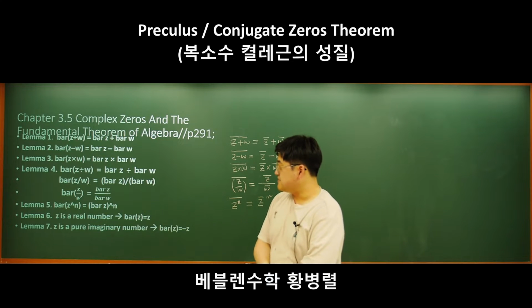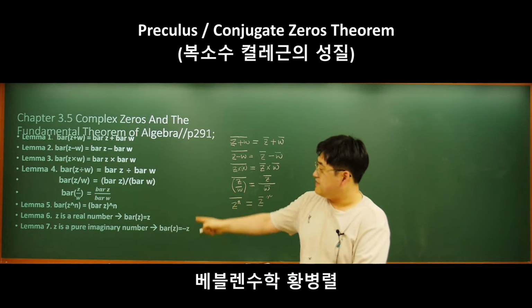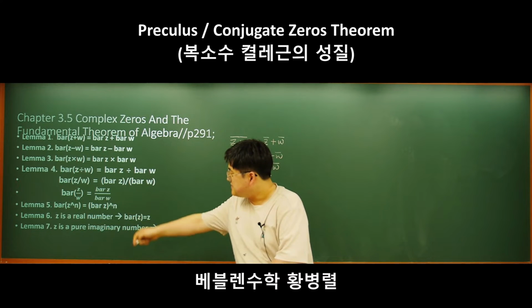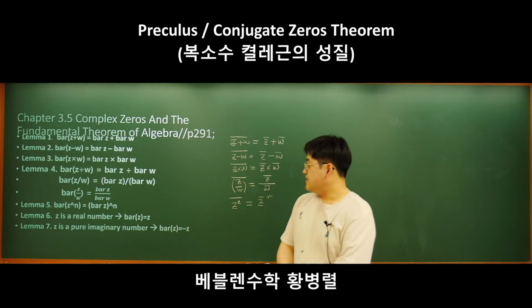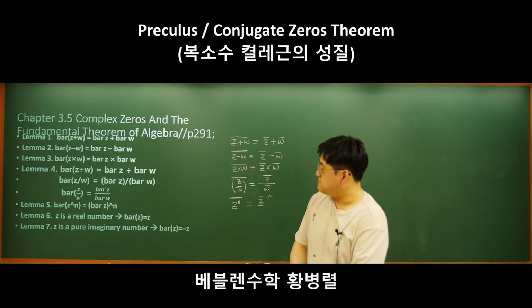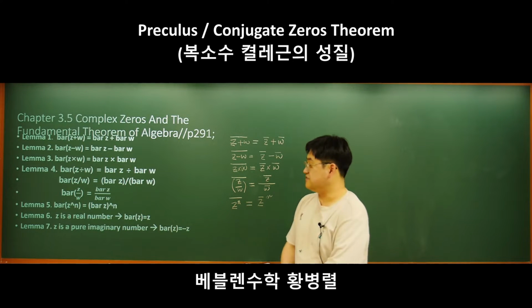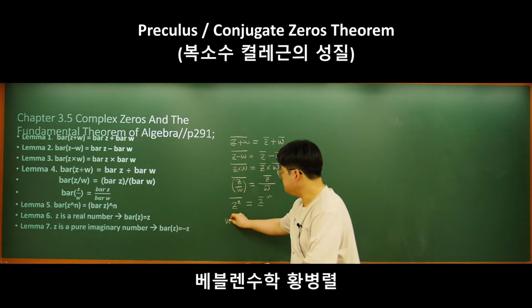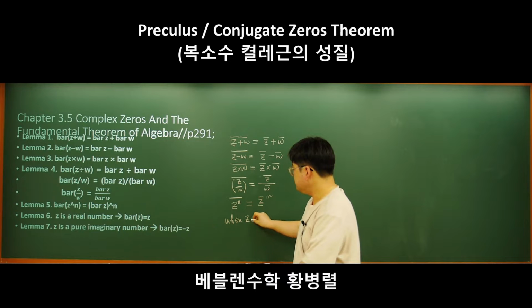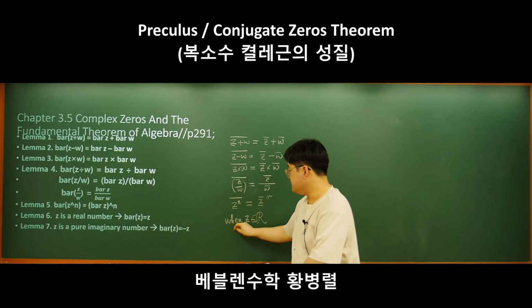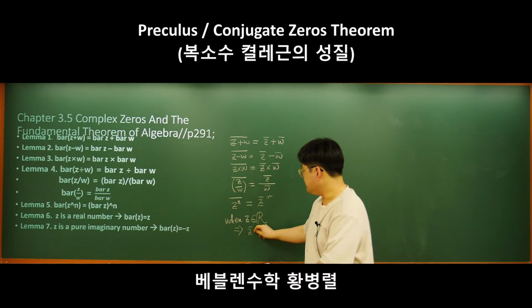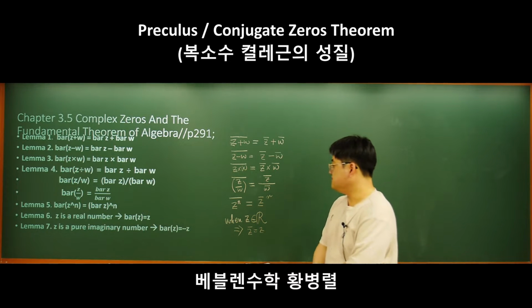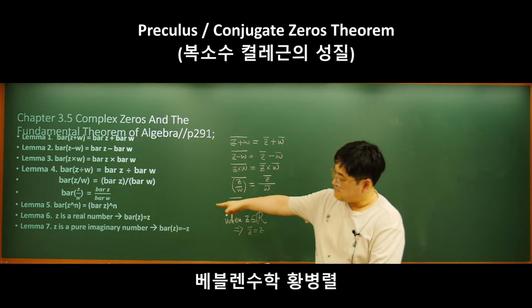And lemma 6 is, if z is a real number, then bar z and the original z are equivalent to each other. When z is a real number, then the conjugate of z and z are equivalent to each other. That is lemma 6.